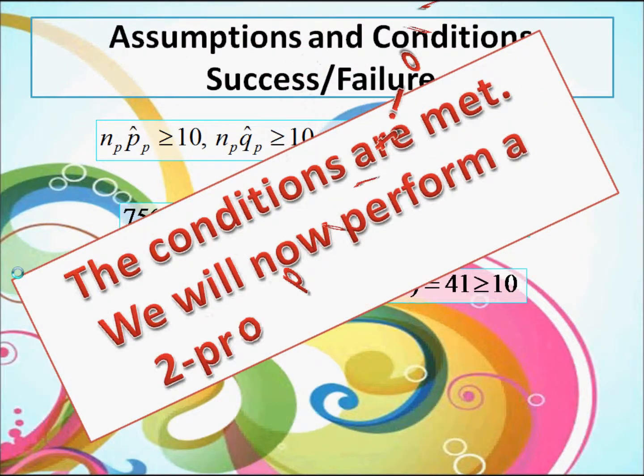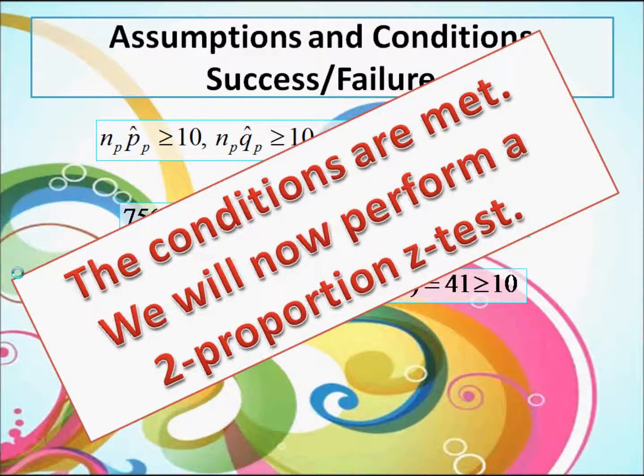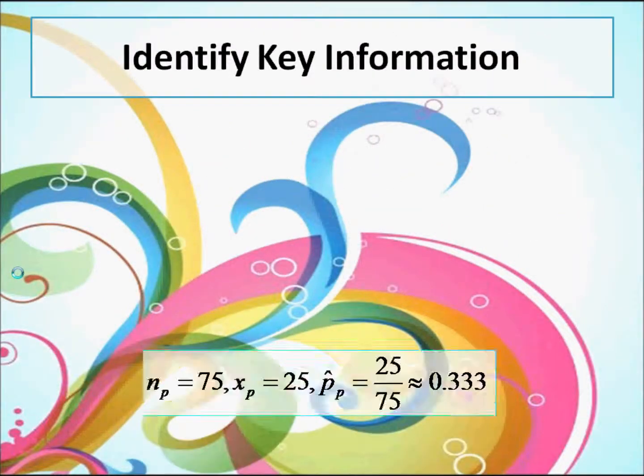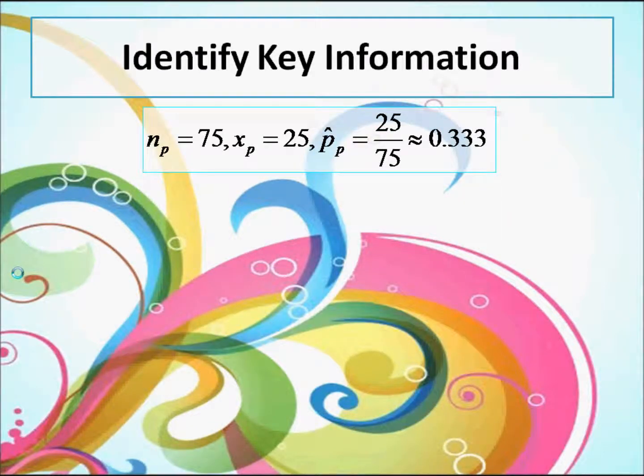We'll now perform a two-proportion z-test. We have to identify our key information. Here we have the sample size of Perdue chicken being 75 and the number of successes being 25. Now the way that I found my successes was I took the 33% and multiplied it by 75, and that gave me 25.